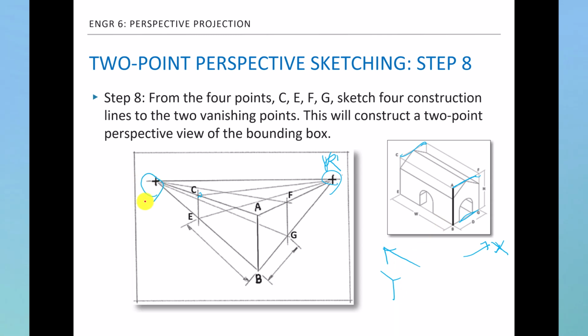So that's why you draw that, and that is the box. This represents the box. You can draw hidden lines there, and that's going to be the box.